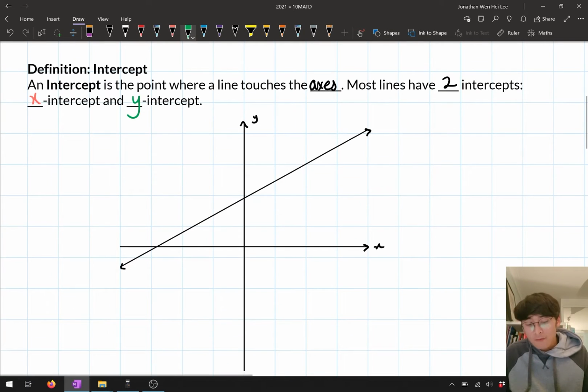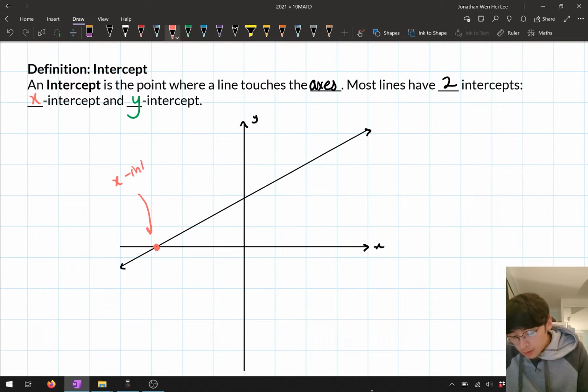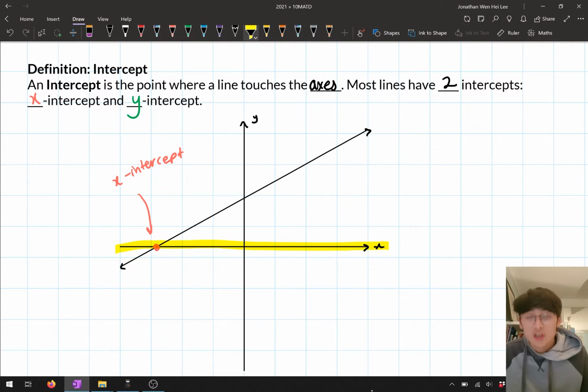In my diagram here, I've drawn an example of a line on my Cartesian plane. My two intercepts, well, the first one is over here. This is my x-intercept. That is where it touches the x-axis. The other intercept is this one over here, which we're quite familiar with.